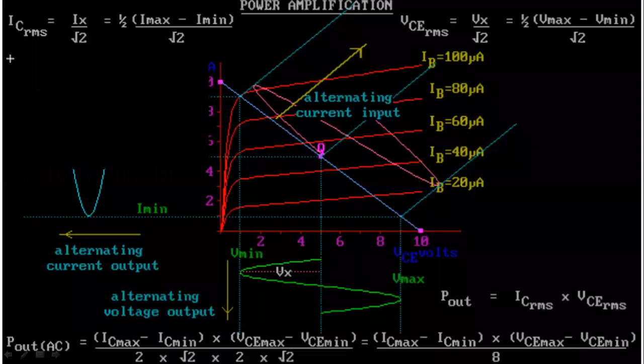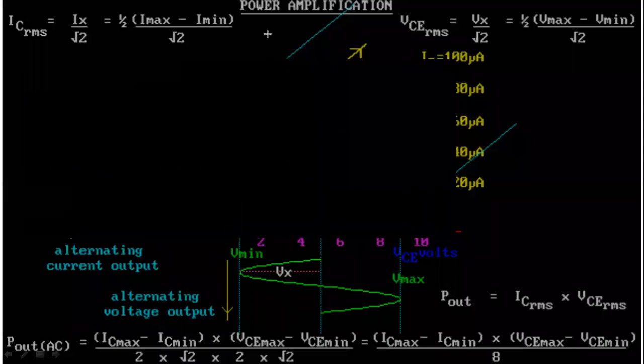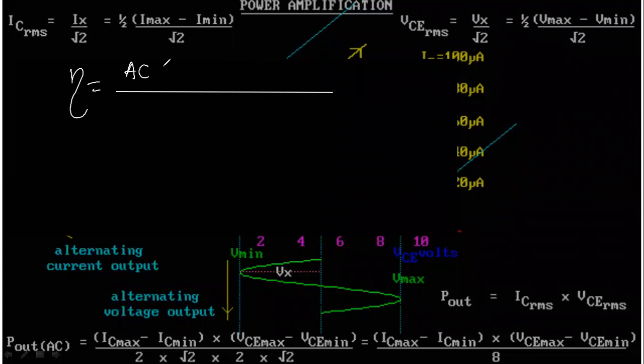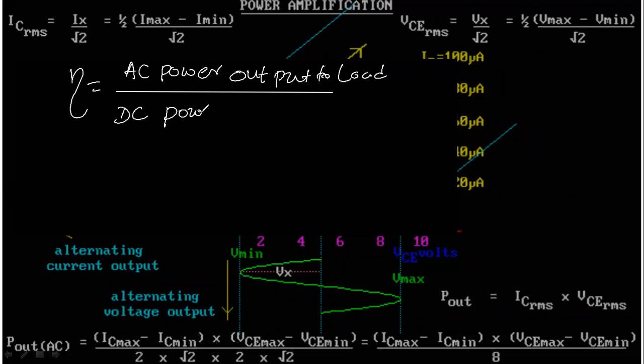If you pay attention to the collector efficiency, we define a parameter called the collector efficiency, eta. So this is the definition, as you know: AC power output to load, divided by DC power taken from the supply.